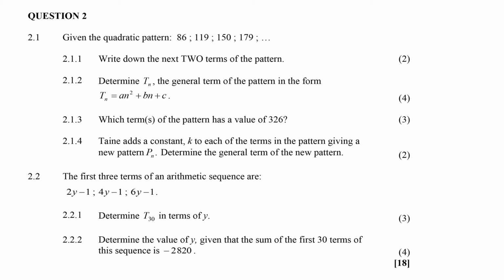2.1.3, we are still on number sequences. Okay, so 2.1.3 says which term or terms of the pattern has a value of 326. So on question 2.1.2, we determined the general term of the pattern. So that was Tn equal to minus n squared plus 36n plus 51.